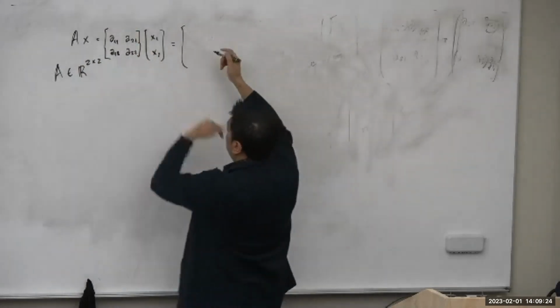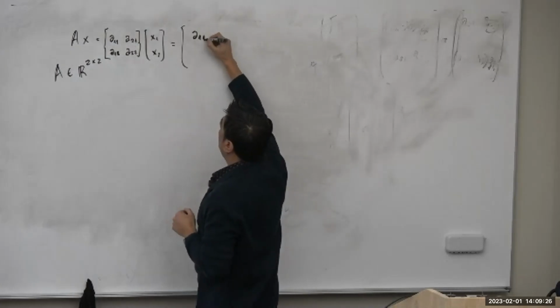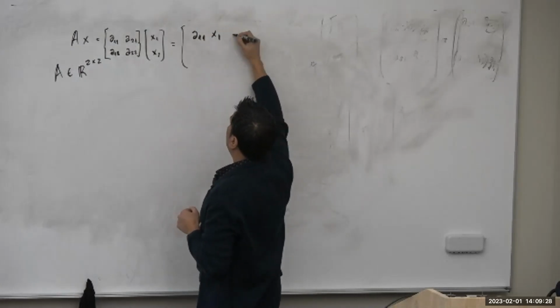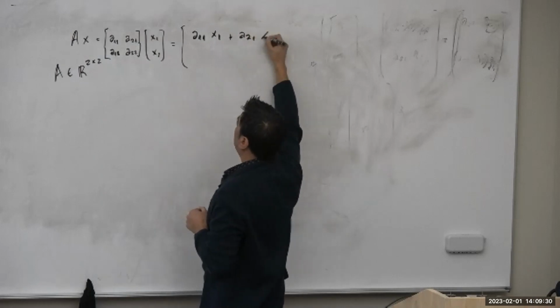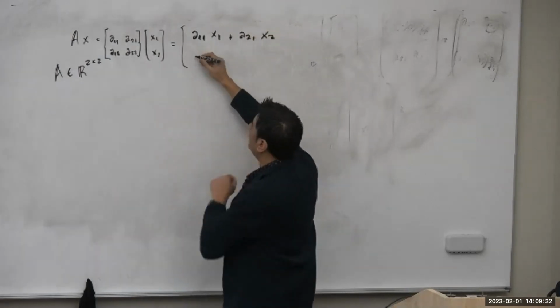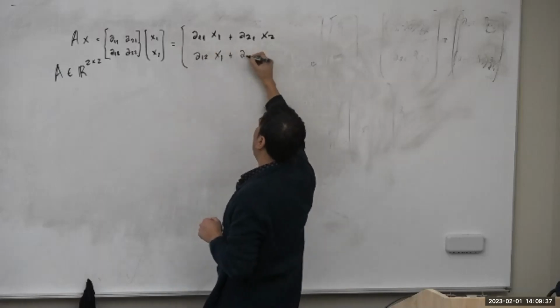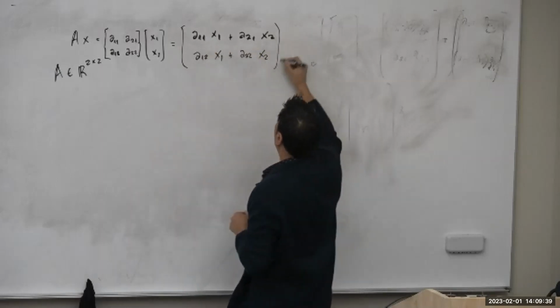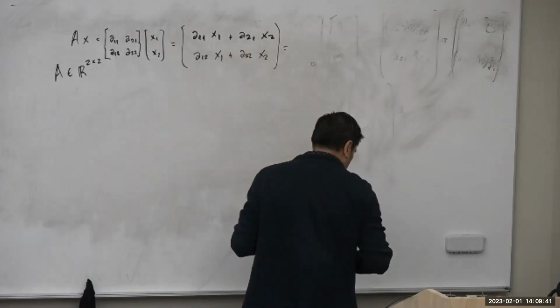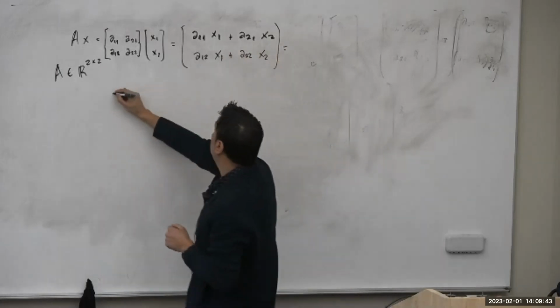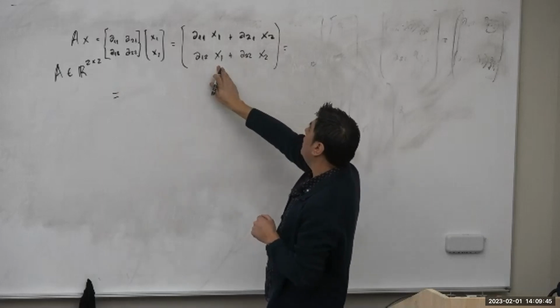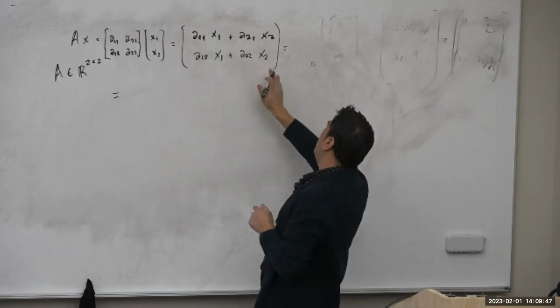So if I do this multiplication, we get A11 x1 plus A21 x2, and in the second row I get A12 x1 and A22 x2. So here I can separate this and I can factorize by x1 and x2.